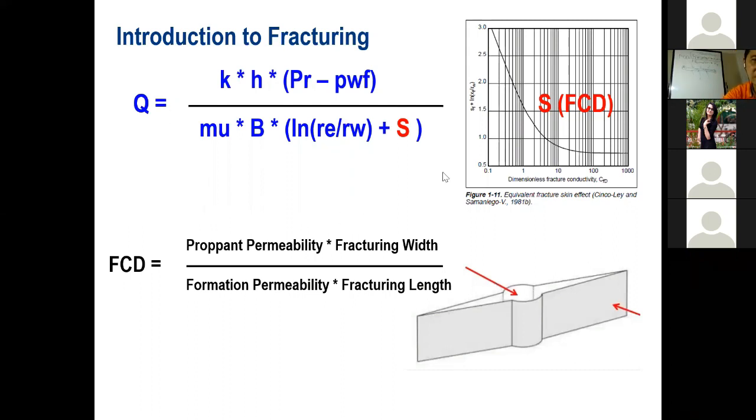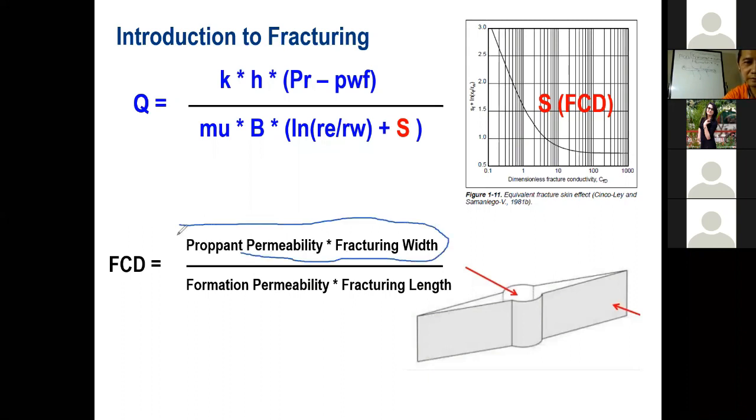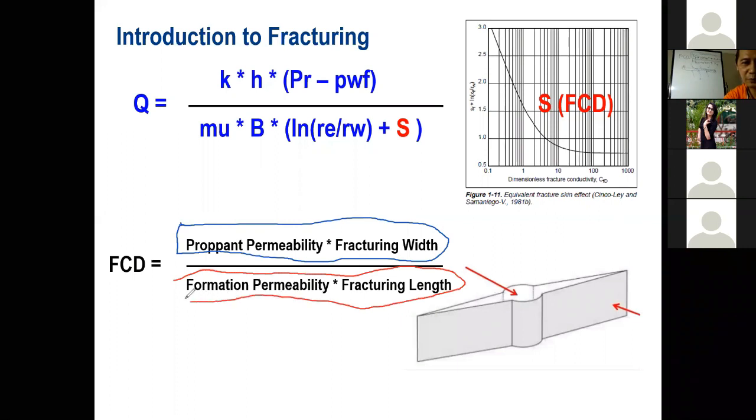So this K prop times width, this one here at the top, as I said, is your conductivity, your fracturing representative. And here at the bottom is your reservoir representative.